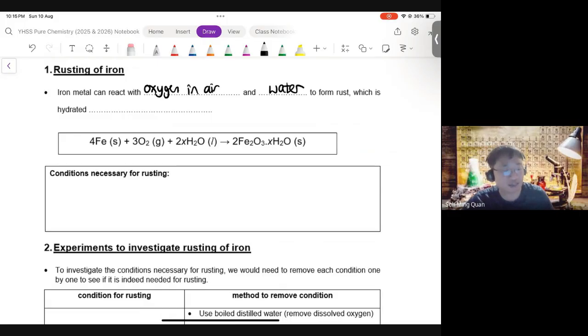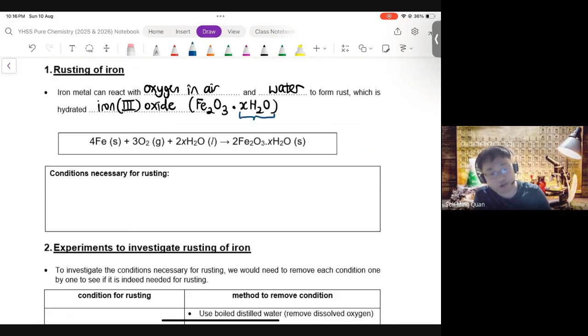So what is rust? Rust is hydrated iron 3 oxide. This is Fe2O3 dot XH2O. So if you recall, the dot tells you this is water of crystallization. The reason why it's X is because it's a variable number of water of crystallization.